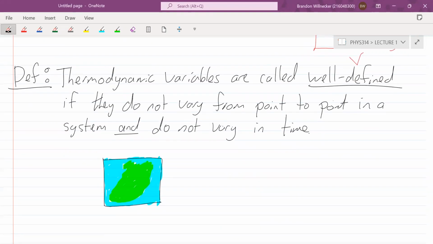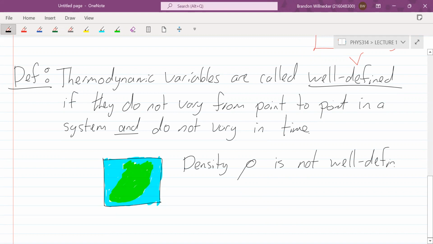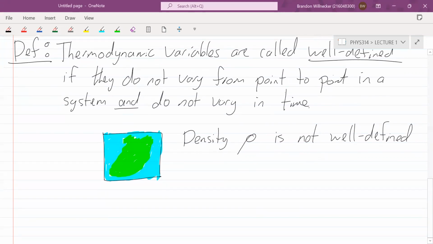Okay, so for example, this is the density. Rho is not well-defined. In other words, to be well-defined, the density must be uniform across the system.